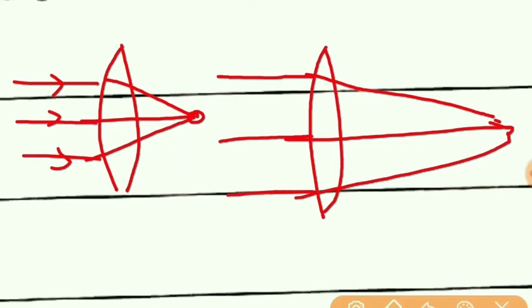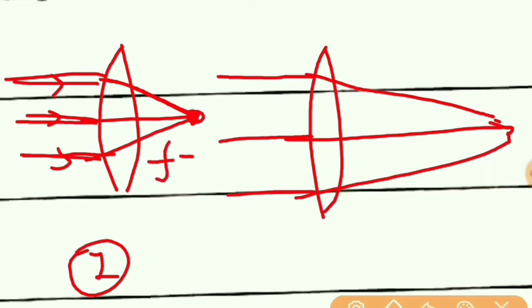Now students, for this first lens, all the parallel rays which are incident on the lens are diverged at this point, which is called the focus, and small f denotes the focal length. So for this first lens, the focal length is less, and so power is more.